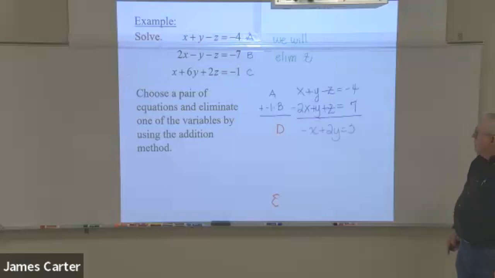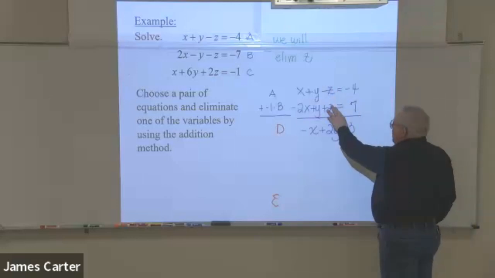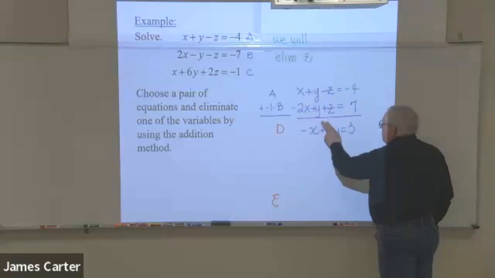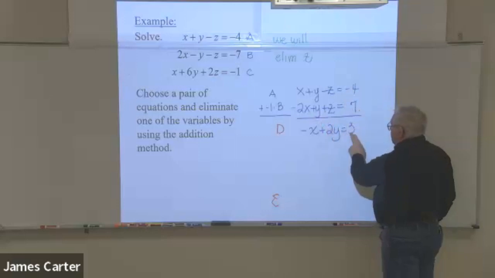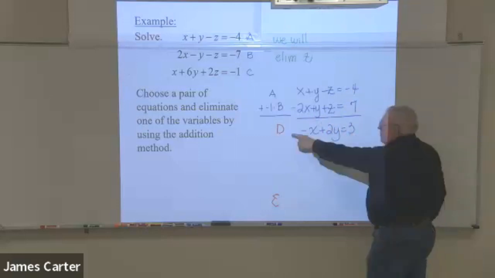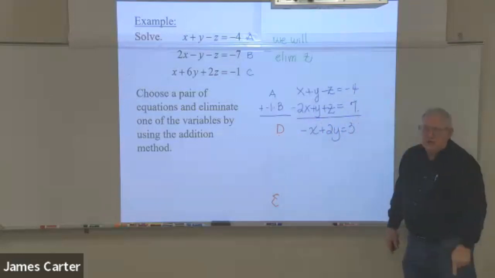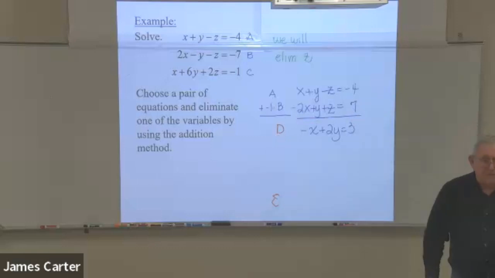I add the two equations. The z's go away. I've got the x, the sum of the y's, the sum of the numbers. Now I'm going to label this equation D. And it's really kind of important that you do label these equations, okay?